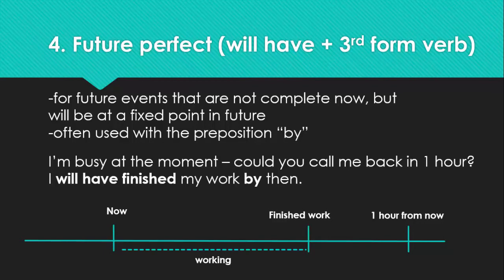So that's the reason we say I will have finished my work by then. So you are almost looking from the future back into the past. I will have finished my work in 1 hour.